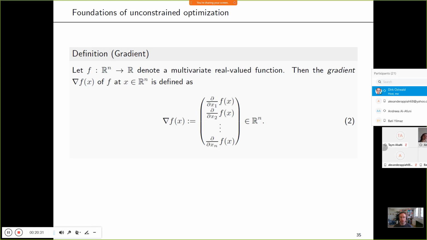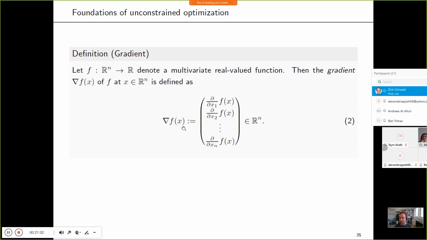So the gradient of a multivariate real-valued function is a vector, and it's the vector of first-order partial derivatives. So you compute the derivative of this multivariate function with respect to each of the components of its input vector. In the mathematical preliminaries for last winter term, you find some examples for that.